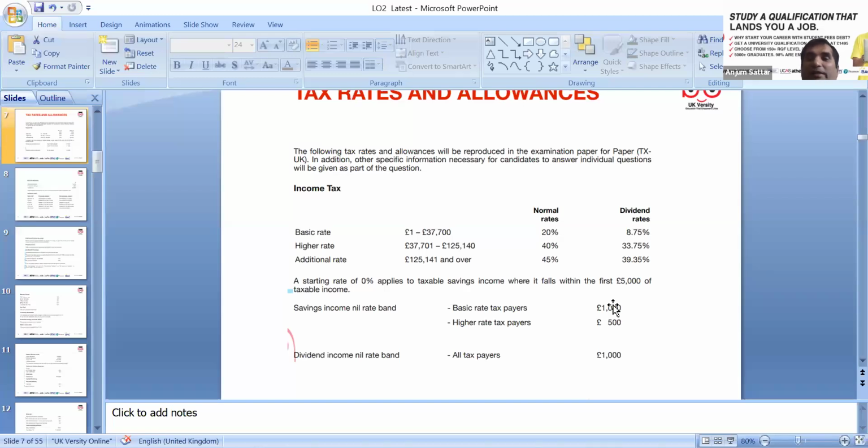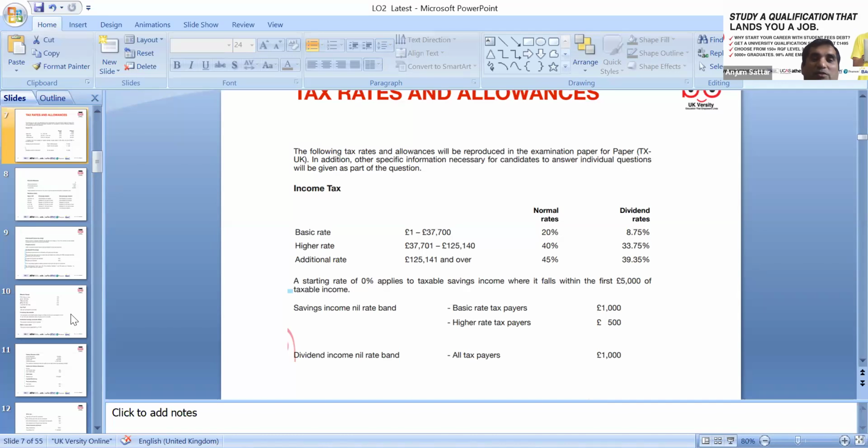You can, of course, reduce the tax liability. Her saving income falls, if she's a basic rate taxpayer, with no tax on the first £1,000 if she falls in the basic tax bracket. Yes, the nil income band is the first 1,000 for a basic taxpayer, the first 1,000 is exempt, and the next 500 will be taxed at the higher rate. If you're a payer of only 500, you're exempt.